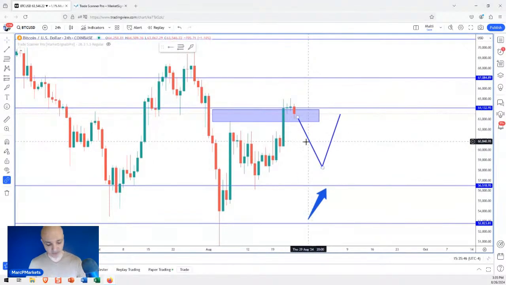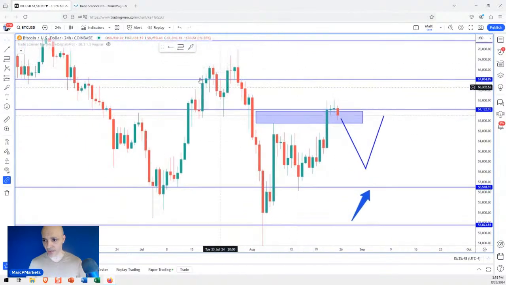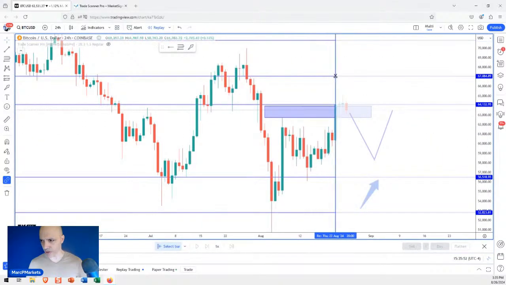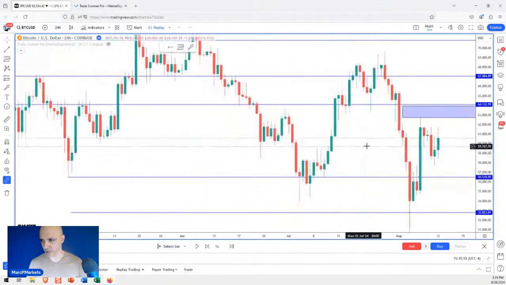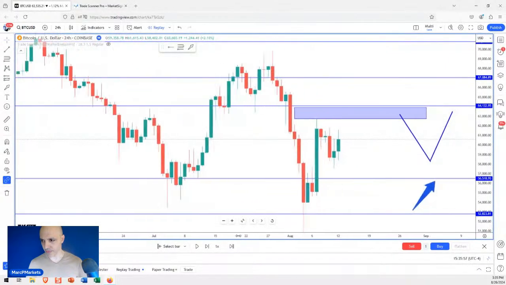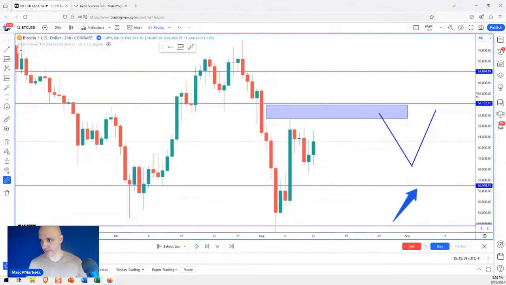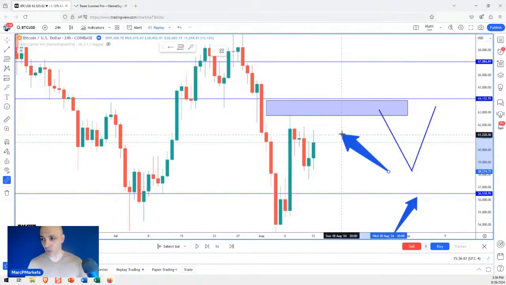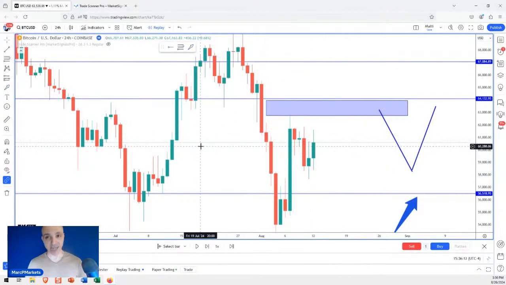So here's my point. In the future, let me just erase this part of the chart here, so we only see this. In the future, it's our job as a trader, even if you're a swing trader, to think about what's here in the empty area, not what's behind us.